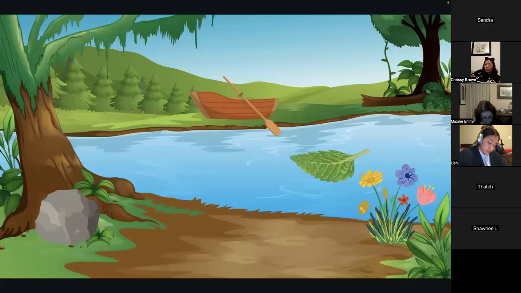Okay, yep. Okay, so yeah, you said the boat is standing on the other side of the lake, using the verb for standing.